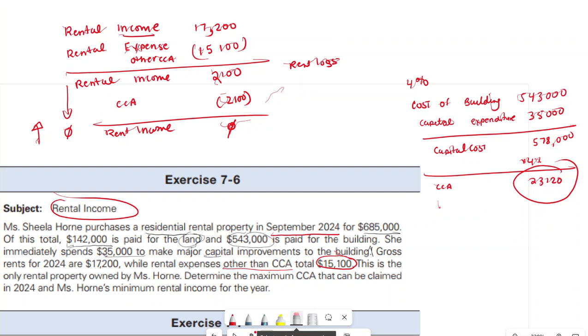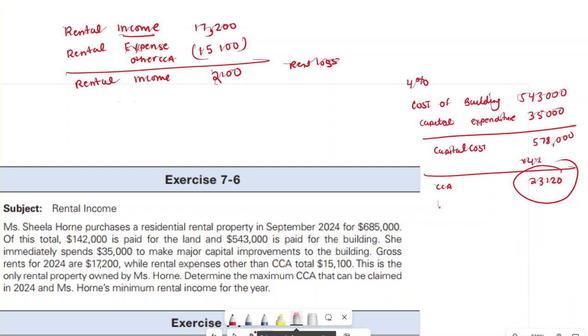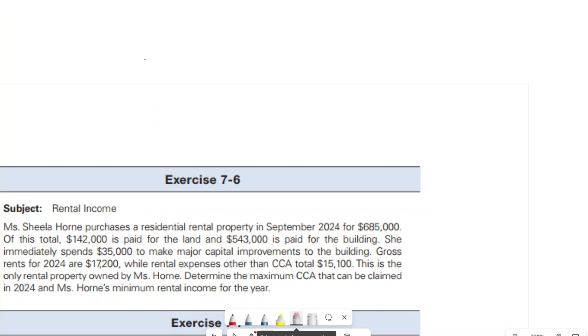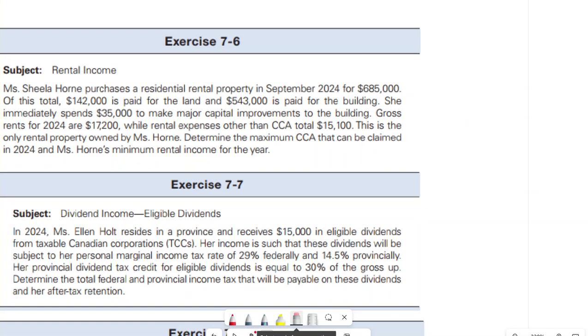We will not be claiming the full CCA, because we are only allowed to deduct up to the rental income. The maximum CCA was 23,120, but we are allowed to only deduct the 2,100, that was my rental income.